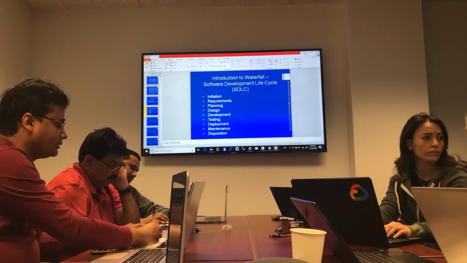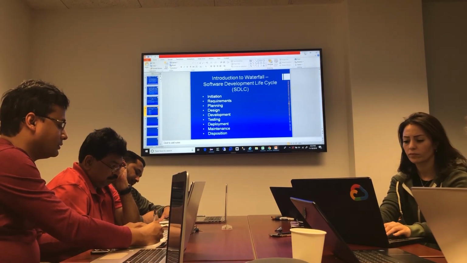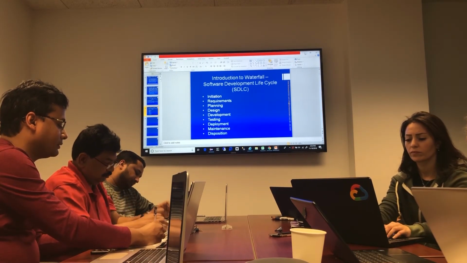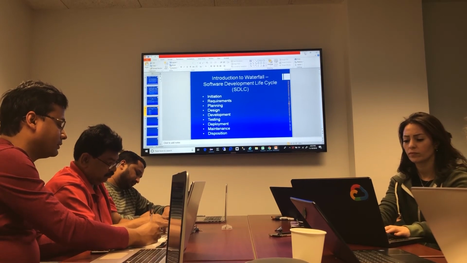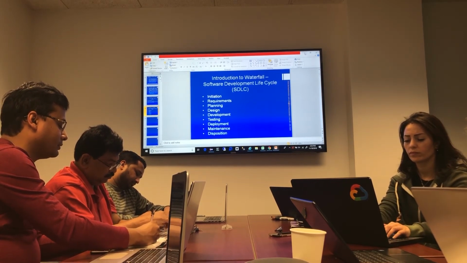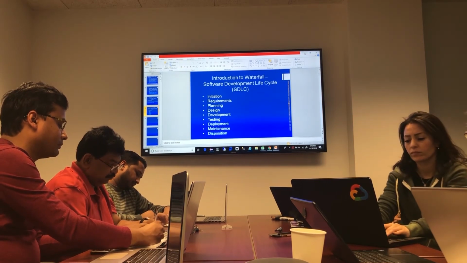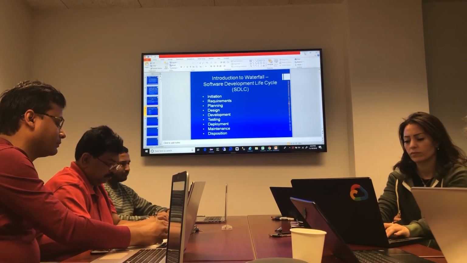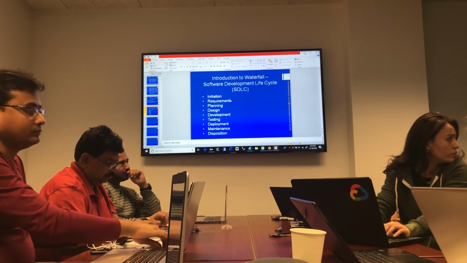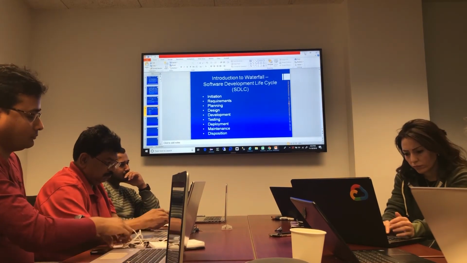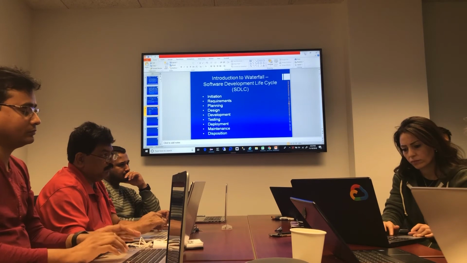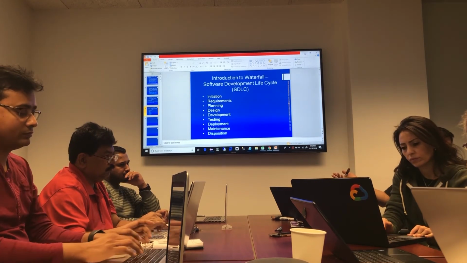One is called the dev environment or the development environment. The second one is called the test or the QA environment. The third one is called the production environment. So as a client, as a Bank of America account holder, you only see the production environment and that's what you use for your business.